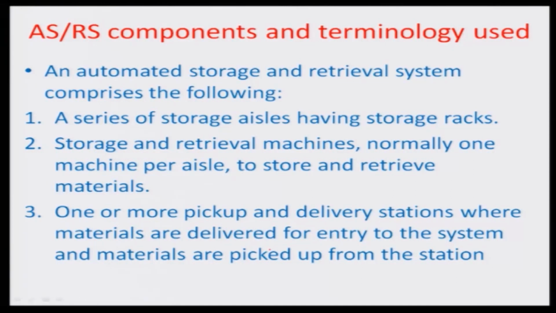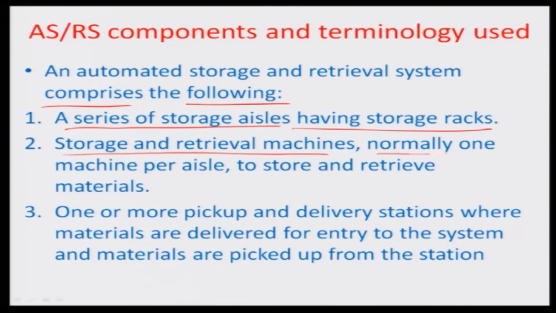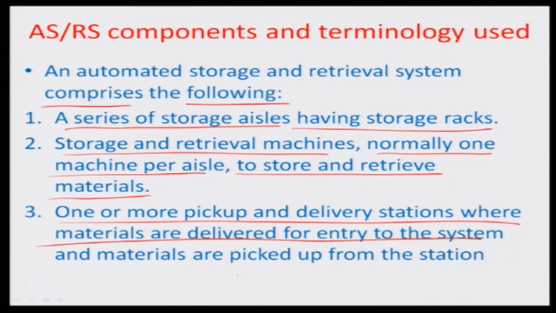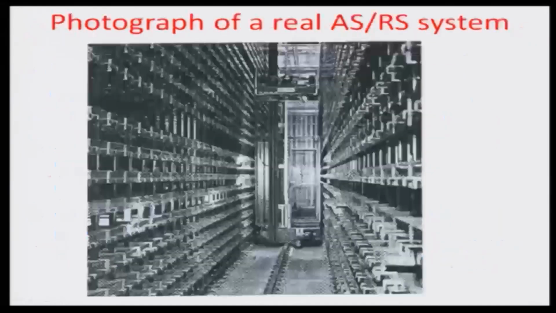And an automated storage and retrieval system typically comprises the following. One is a series of storage aisles having storage racks, and then storage and retrieval machines, normally one machine per aisle, to store and retrieve the material. Then one or more pickup and delivery stations where materials are delivered for entry to the system and picked up from the system.